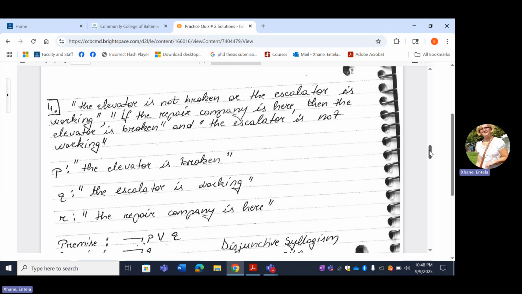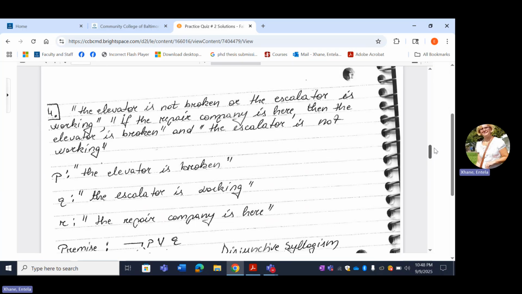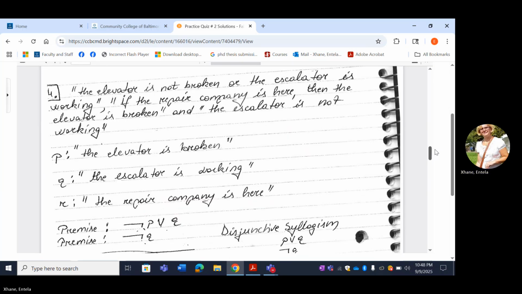So let's see what the first premise is. The first premise is the elevator is not broken, which is not P, because P is the elevator is broken. Connected by or, then the escalator is working, which is Q. Combined with one single statement premise, which is the escalator is not working, which is not Q. So not P or Q combined with not Q.